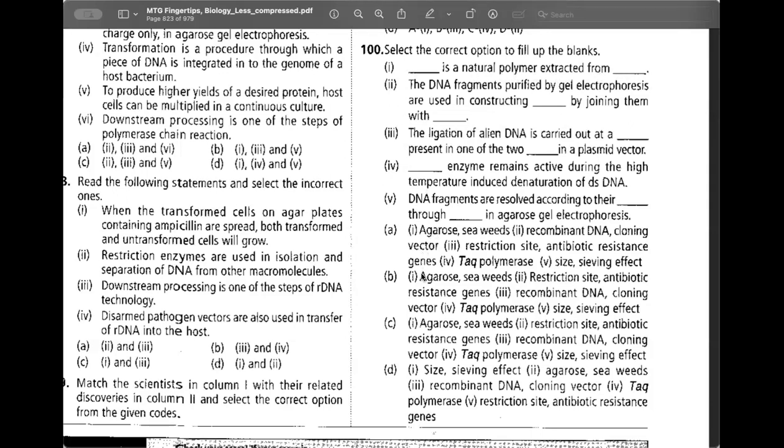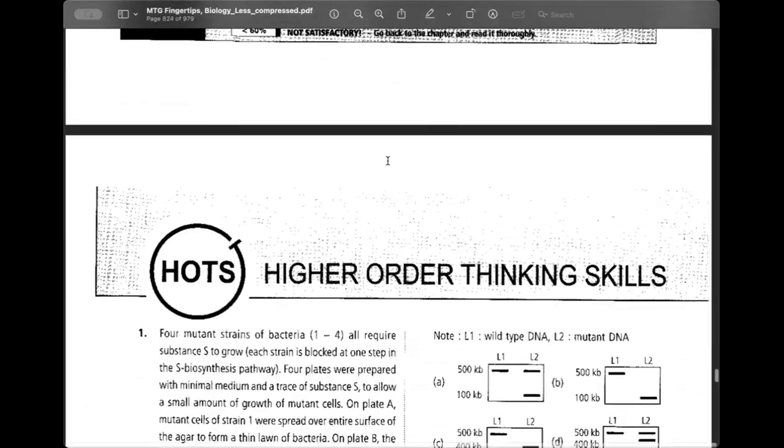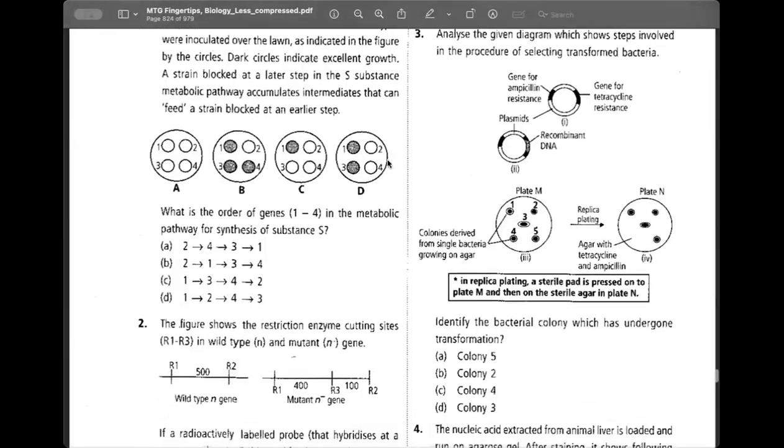So just looking at this, option D is out of question now, right? Because it says size and sieving effect. So that's gone. Then you go to the next and you will see that one more option is gone. So that way you can do it faster, correct? Were you doing the same thing? Yes, sir, the same. Cool.